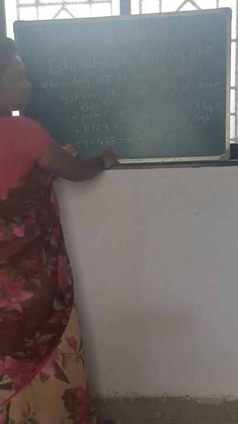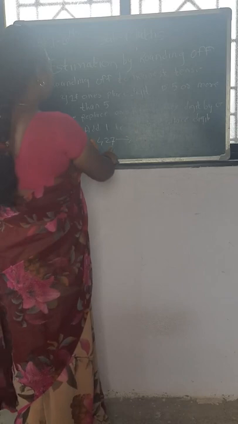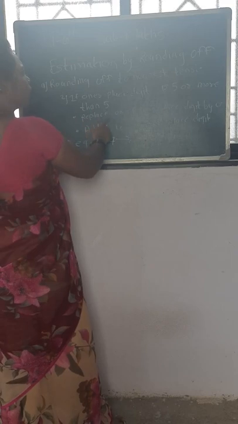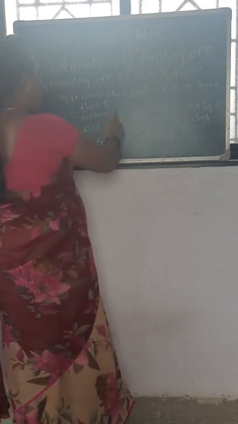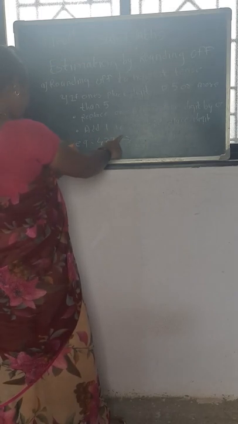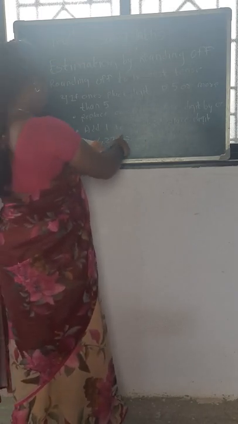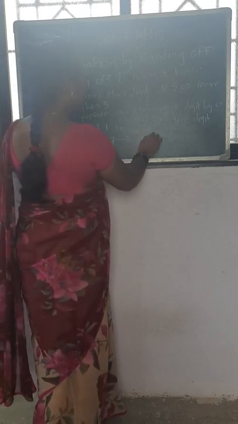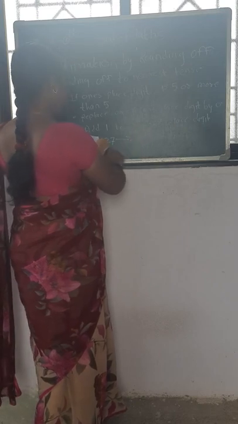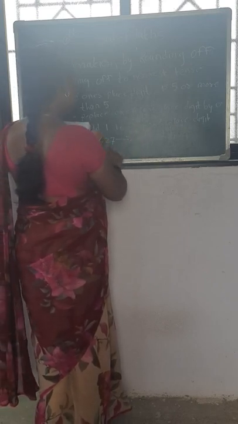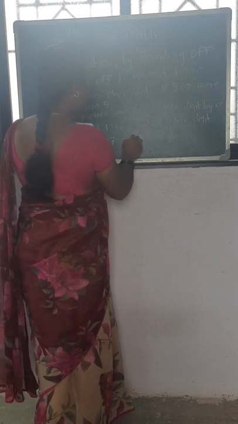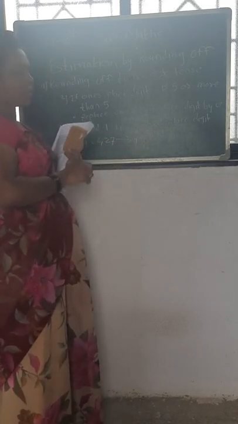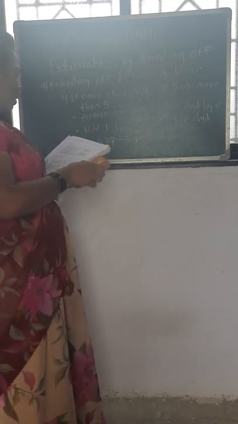It is 7, that is more than 5. Replace the ones place digit by 0 and add 1 to the tens place digit, that is 2 plus 1 is 3, and the remaining digit 4 stays as it is. Then the number rounded to the nearest tens is 430.